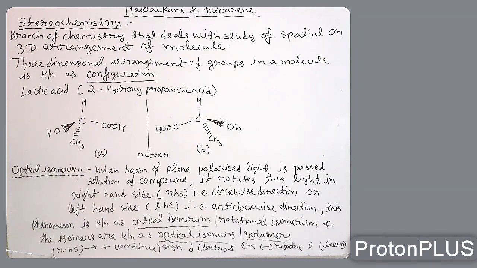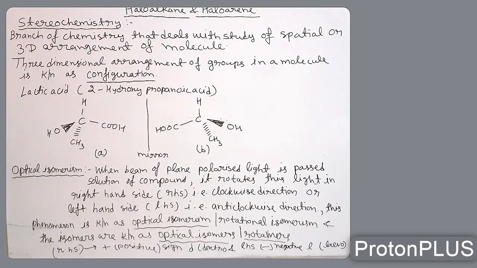If I write RHS, it is represented by a positive sign, that is dextrorotatory, small d. And LHS is represented by a negative sign, that is levorotatory.